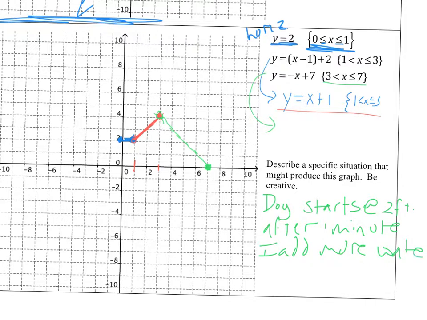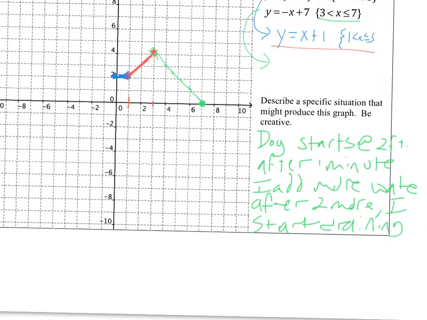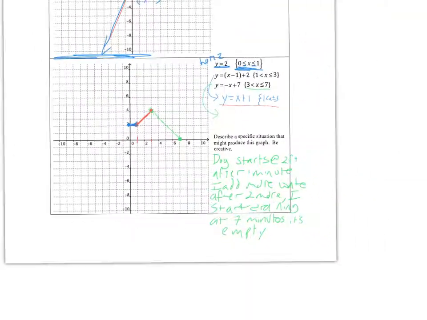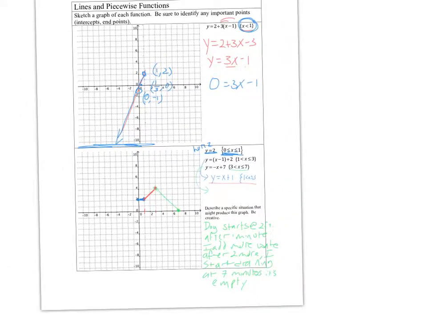And after 2 more minutes, I start draining. And at 7 minutes, it's empty. Something like that would be totally fine, or anything that you'd like that makes sense. Again, I'm just going to zoom out so we can see the whole thing all together, and that's all we got.